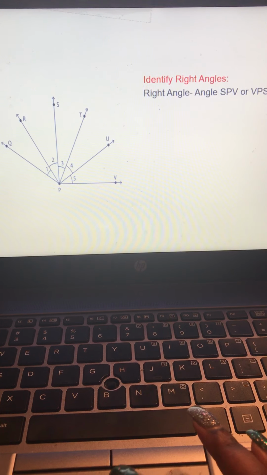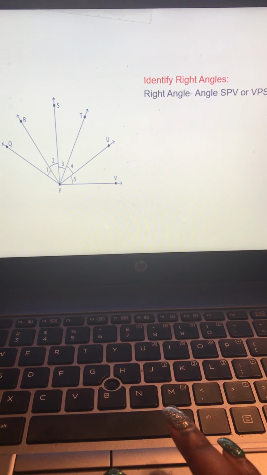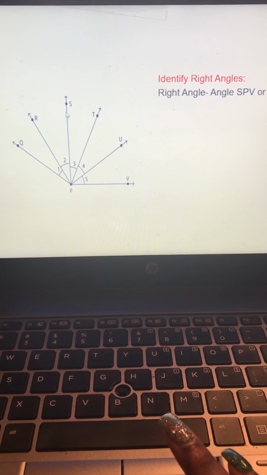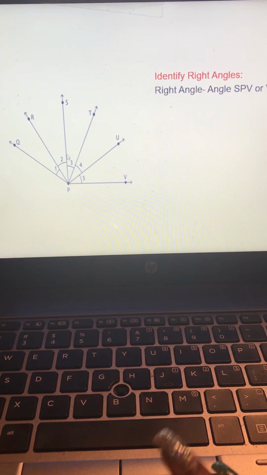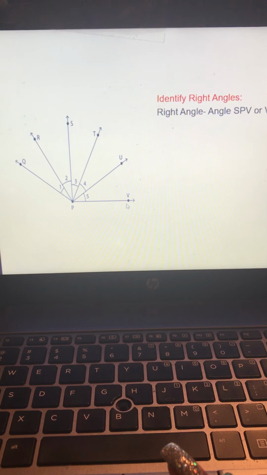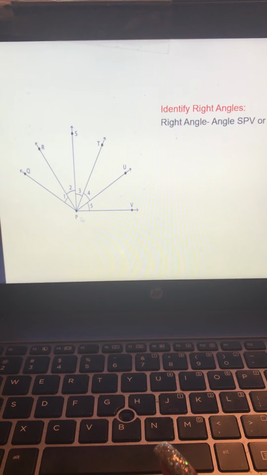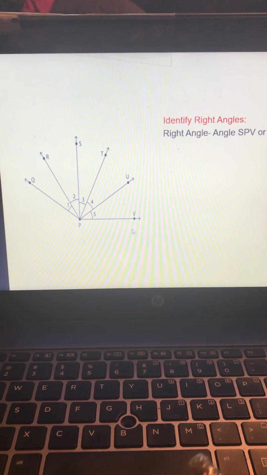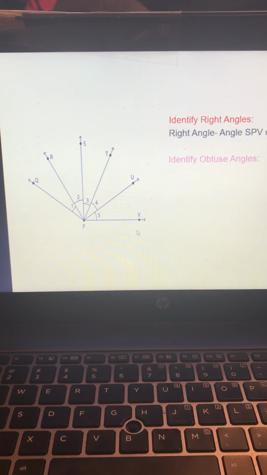Again, I'm going to use my mouse to point that out. So we have angle SPV, or we can read it the other way, VPS. Here is an example of a right angle.